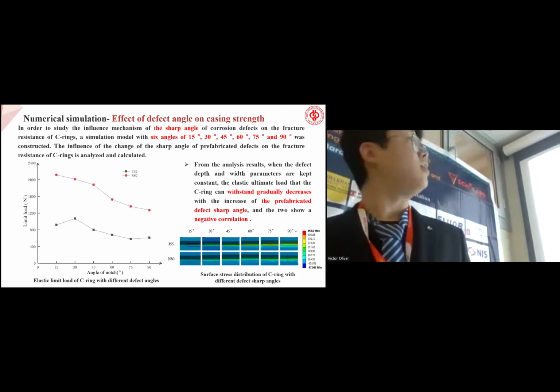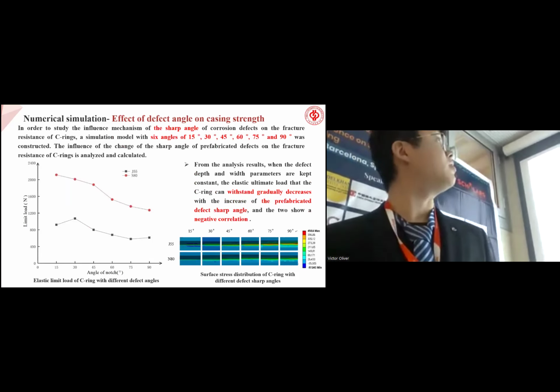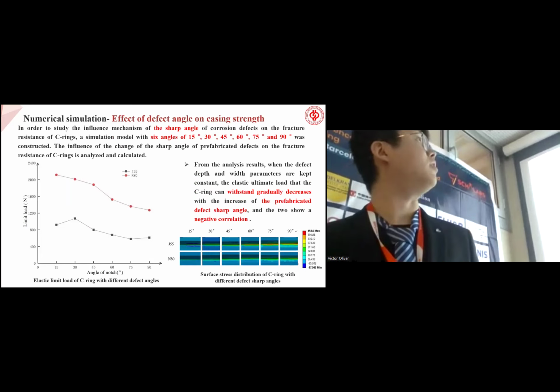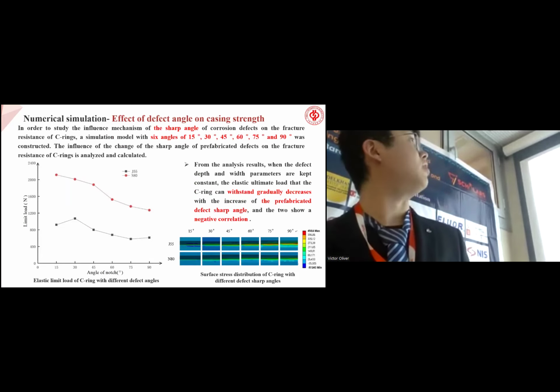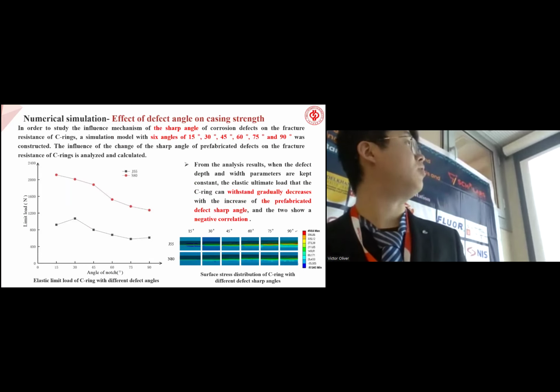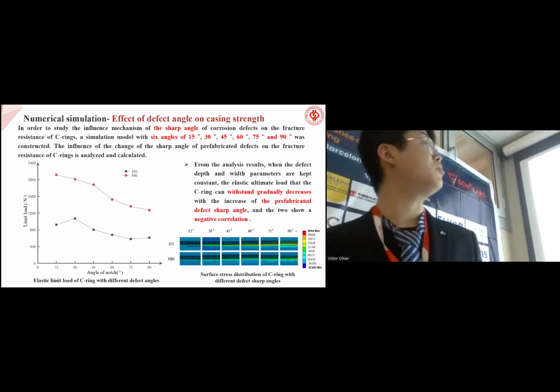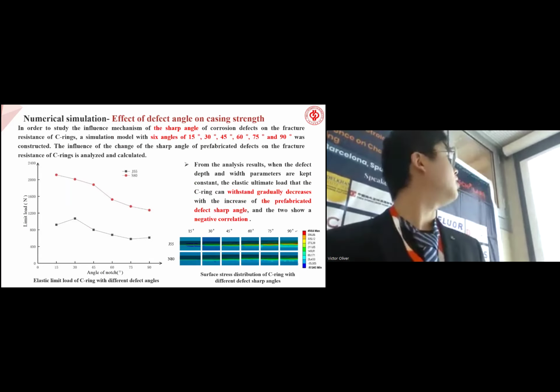And the last one is to consider the angle of the casing species. In order to study the influence of the angle of the corrosion defects, we built a simple model with 6 angles from 15 to 75 degrees considered.